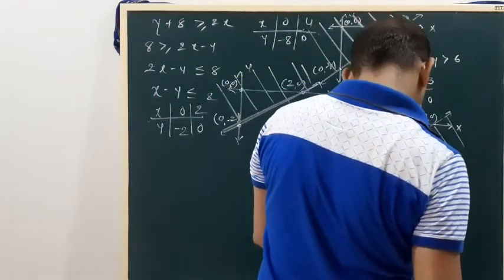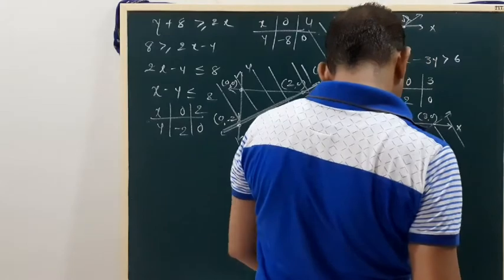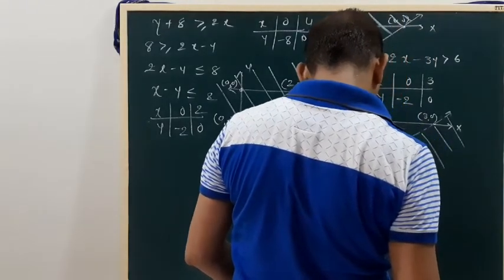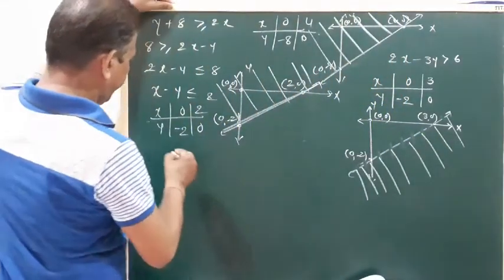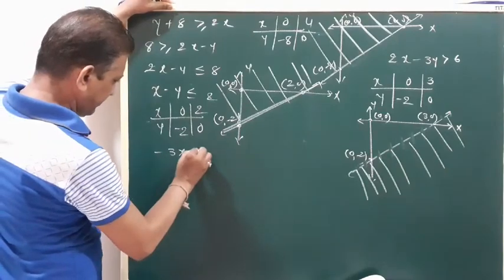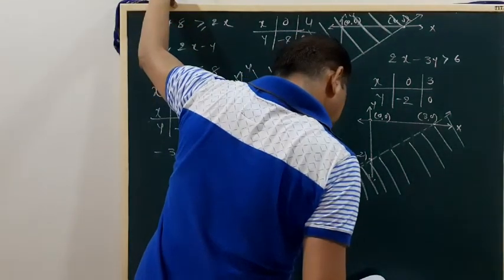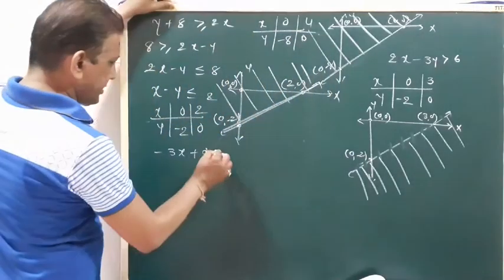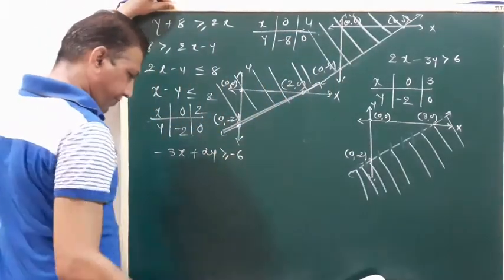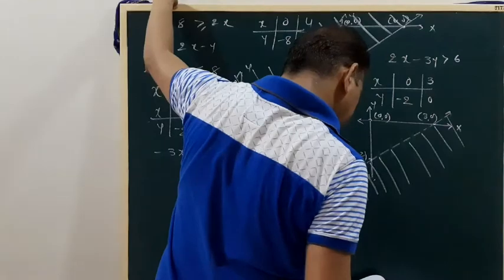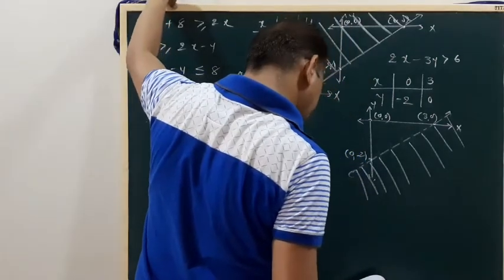Now discuss the 7th question: minus 3x plus 2y greater than or equal to minus 6.